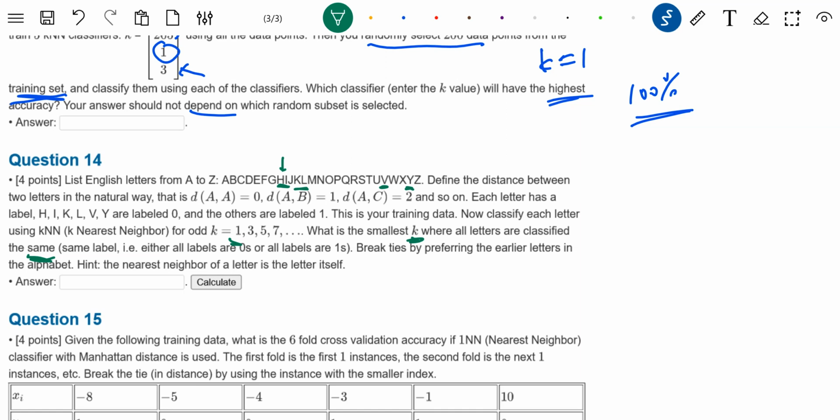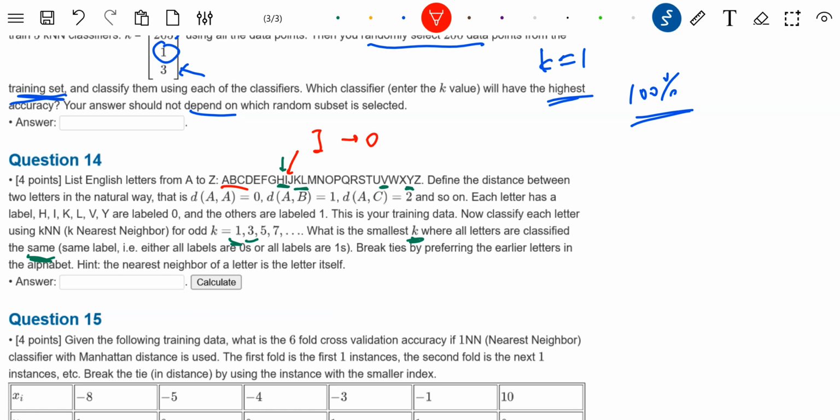Okay, so what about 3-NN? If you look at maybe either I or J, you can look at I. The 3 nearest neighbors of I are H, I, and J. Two of them are 0, the other one is 1, so it will be predicted as 0, whereas it's obvious that A, B, C will all be predicted as 1.